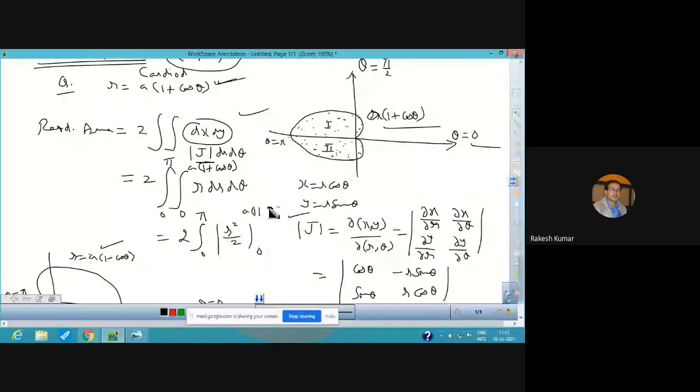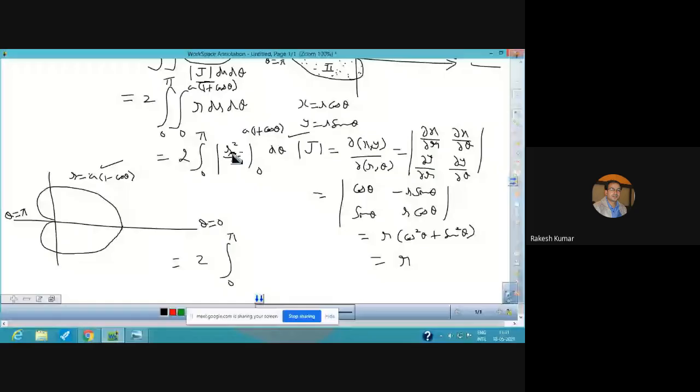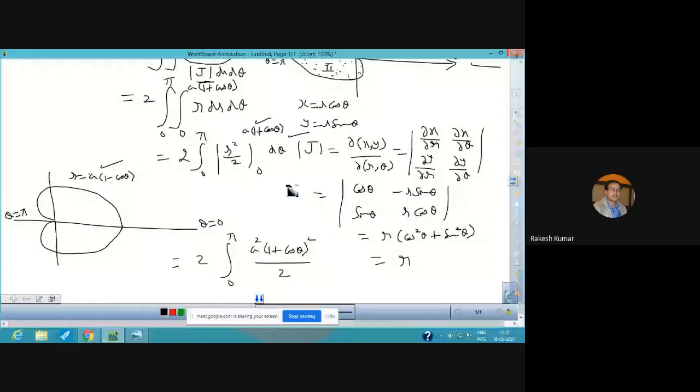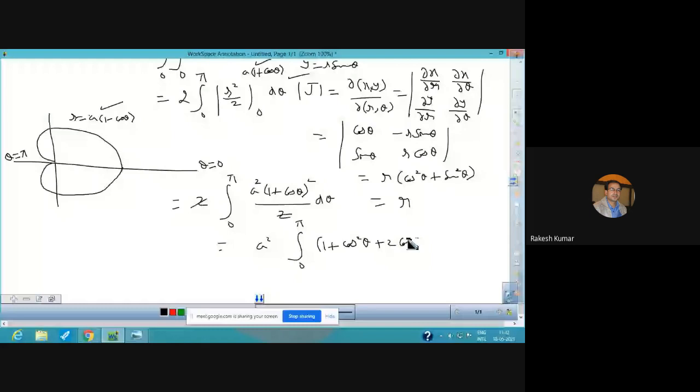When you put r equal to a into 1 plus cos theta, you will have a square into 1 plus cos theta whole square upon 2, and for 0 you will have 0 value. So this 2 can be cancelled, and a square can be taken common. You will have 1 plus cos square theta plus 2 cos of theta d theta, and you can separate all the integrals.